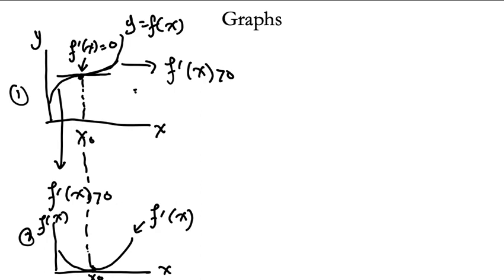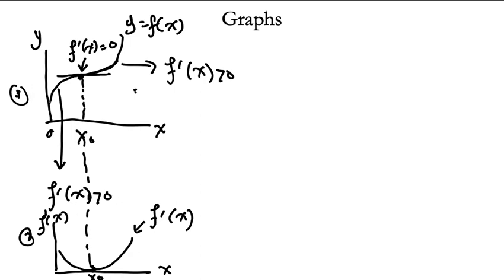Okay, and what happens to the marginal here is that between 0 and x naught, f prime x is decreasing. After x naught, f prime x is increasing. That means before x naught, the slope, or f prime x, the slope of the first curve, is negative.